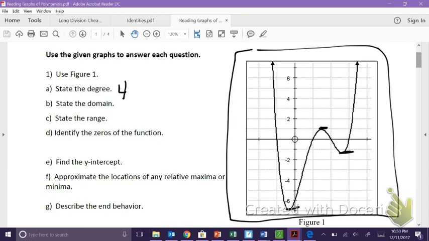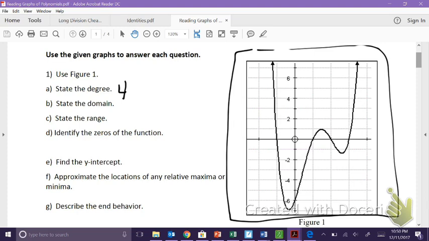Also, another reason why it can be 4 is, look at my end behavior. They're both pointing up. Only even degree functions are pointing both up or both down. They match each other. So, with that, we can determine that this is a 4th degree polynomial.